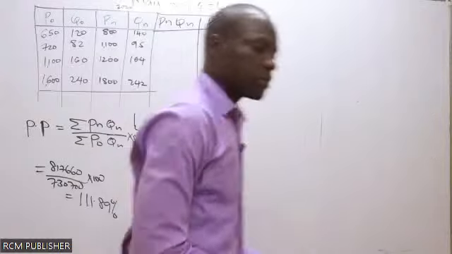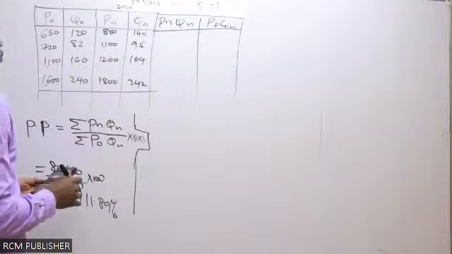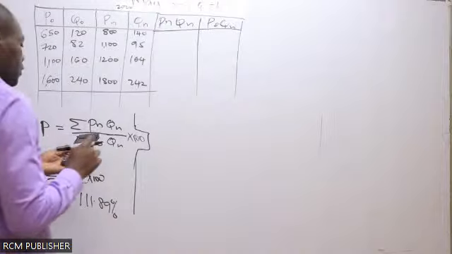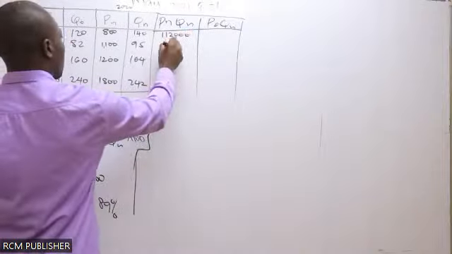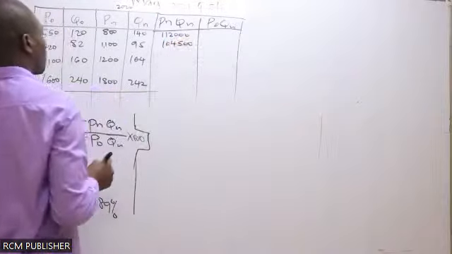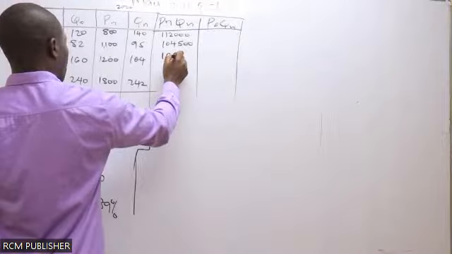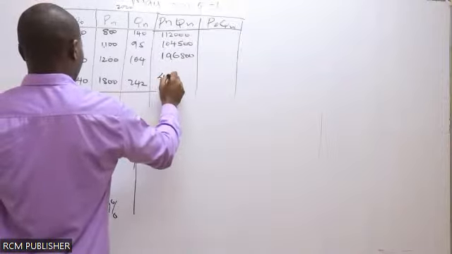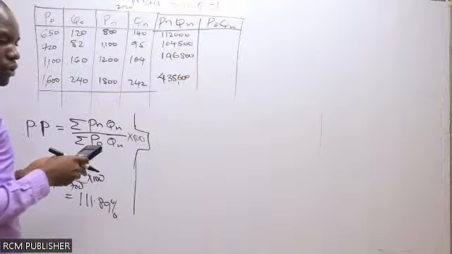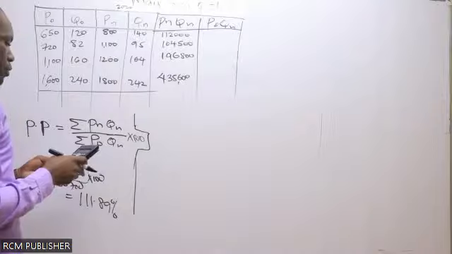So let's get the values for PNQN: 800 by 140, 1,100 by 95, 1,200 by 164, 242 by 1,800. We need to get the total for the year.